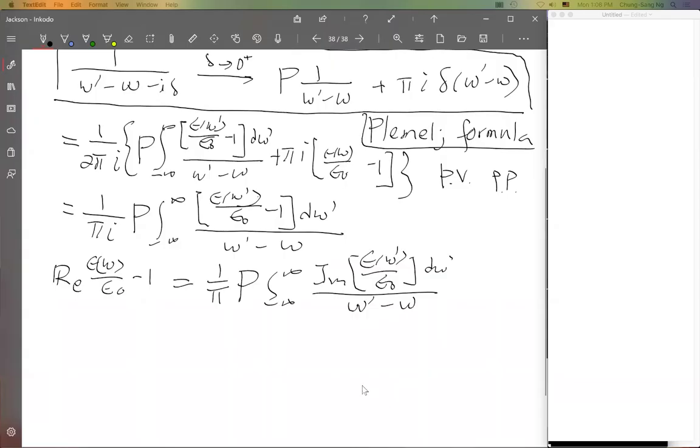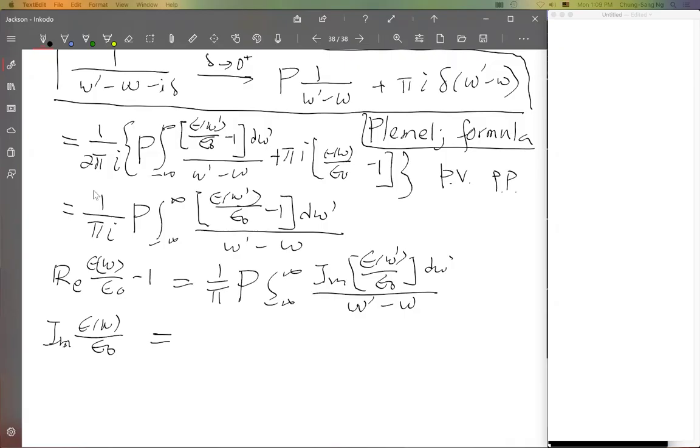And you can do the same thing with the imaginary part. Imaginary part of, again, you keep just the first term. That will be equal to the real part of that. But then this is divided by i, so you have a minus sign because you flip the i to the numerator, you get a negative sign.